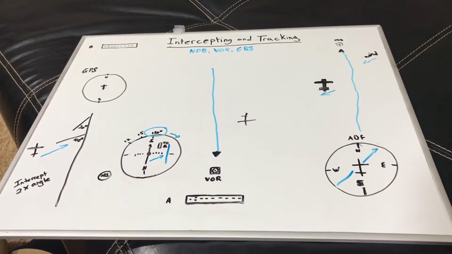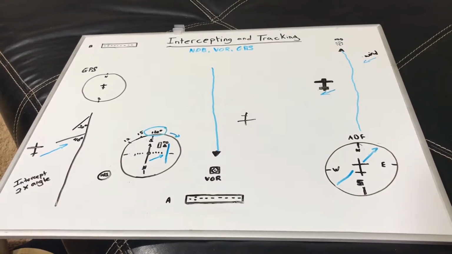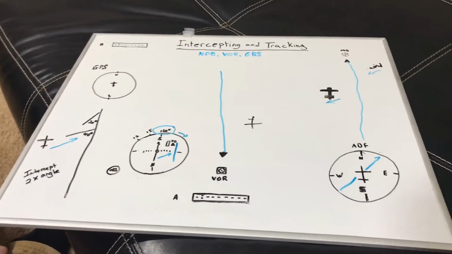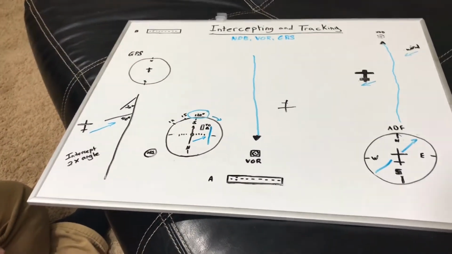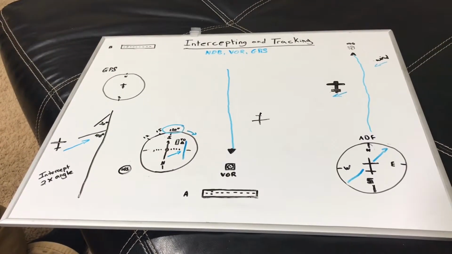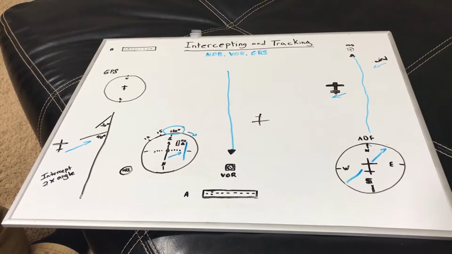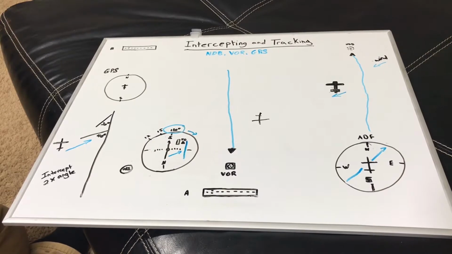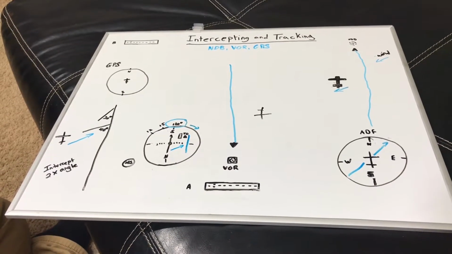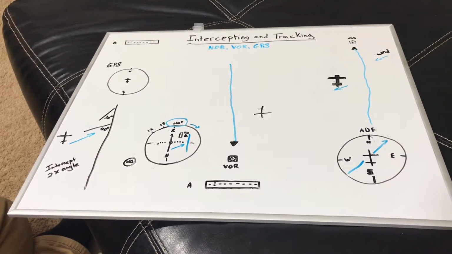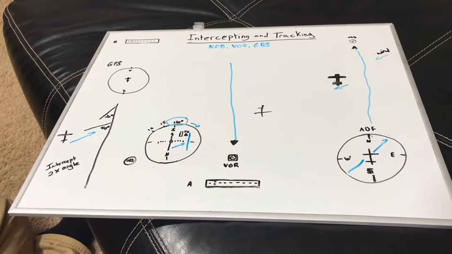Alright, and finally we're going to talk about GPS. GPS is the more modern system and uses satellite navigation, a constellation of 24 satellites. To have a good accurate reading for a 3D picture, you need at least four GPS satellites, and then to do away with error you need 5.